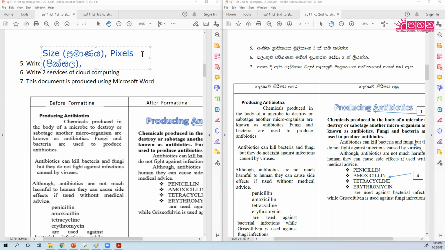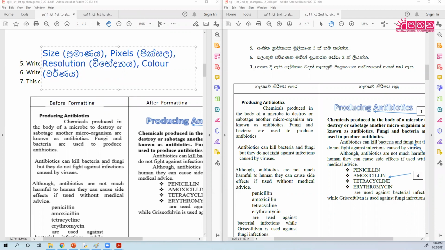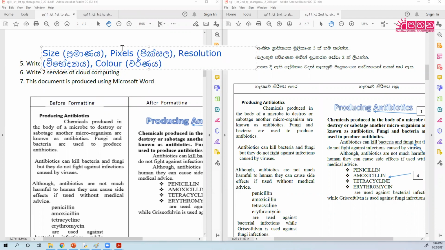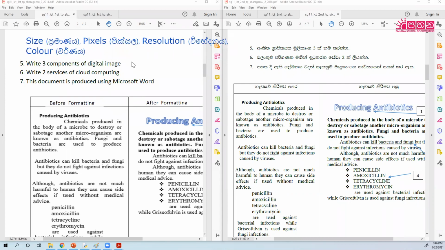Then we have resolution, and the final one is color.